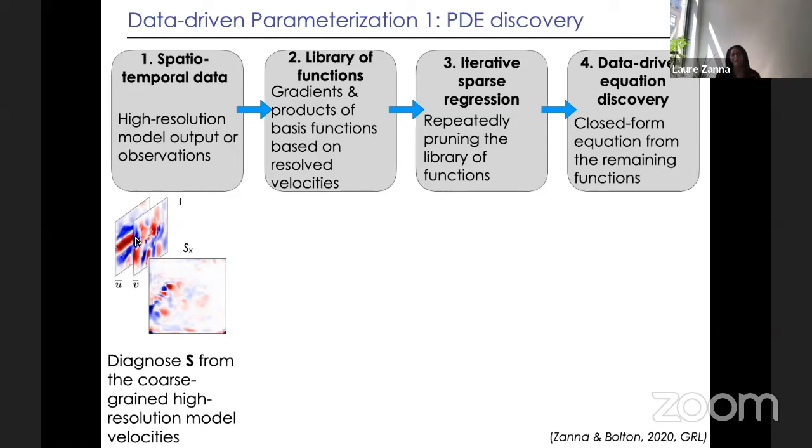So I'm going to try to learn things that are not resolved at coarse resolution by using data from the high resolution simulation. Okay, so we're going to feed that into the algorithm. So now what that data-driven equation discovery algorithm wants are those resolved quantities that you would have in a climate model, like the velocity fields, but it needs to learn equations.